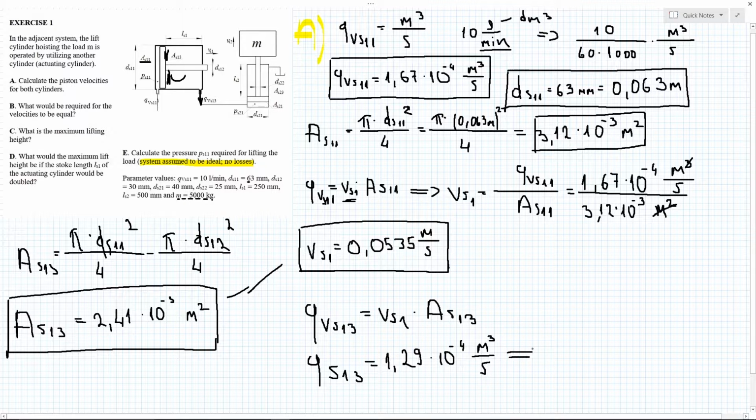And now if we want to change this to liters per minute, we can just multiply it by 60 times 1000, okay? And we are going to get QVS13, 7.73 liters per minute.